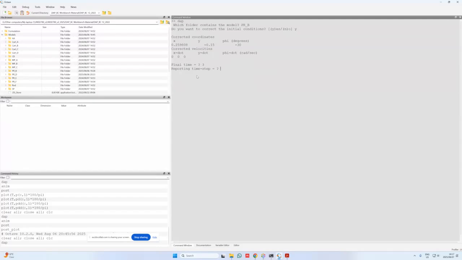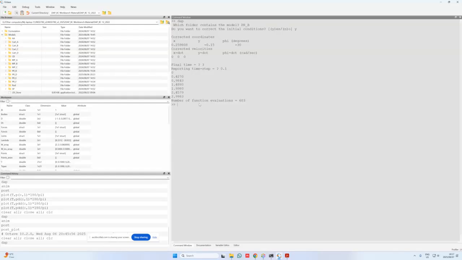And if you're happy with the animation results, then you can go finer with your time step to get better post-processing results. So I'm going to start off with 0.1. That will give me 30 time steps. Once I've done this, I simply hit enter, and the system prints out a bunch of function evaluation criteria over here. It tells me that the number of function evaluations it required to solve this problem is 603.